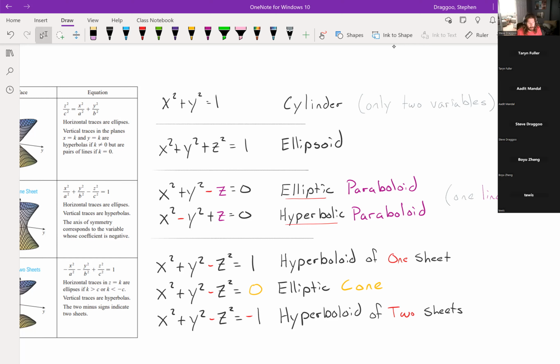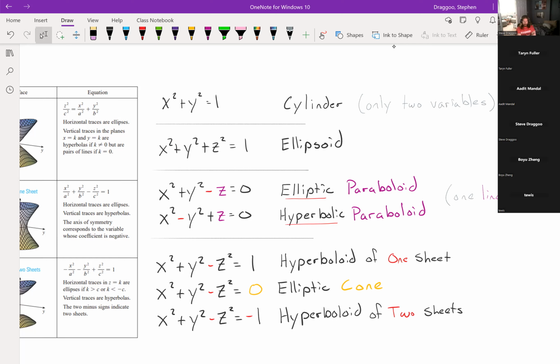Then the tough category are the hyperboloids of 1 or 2 sheets, and then also I'm going to throw the cone in there. Because really it helps to think of these 3 shapes all together. So I'm going to organize my equation, at least in this way.